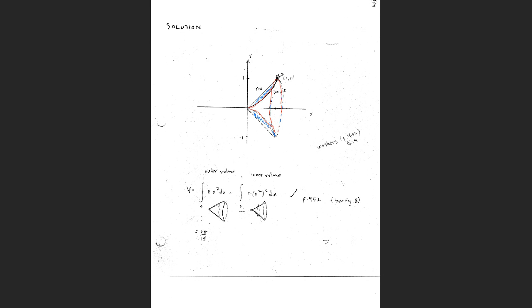Well, the cross-sectional area of this Hershey's Kiss is going to be a circle. And it's going to be a circle that has this radius here. Well, what is that radius there? That radius is this distance, which is a distance of y values, namely y equals 0 and y equals x squared.